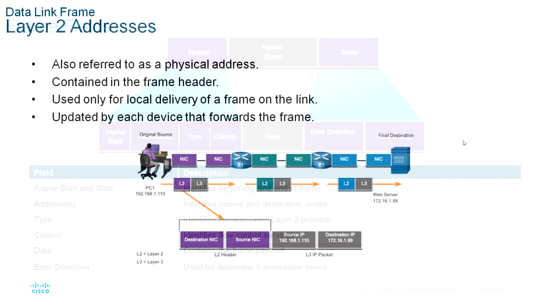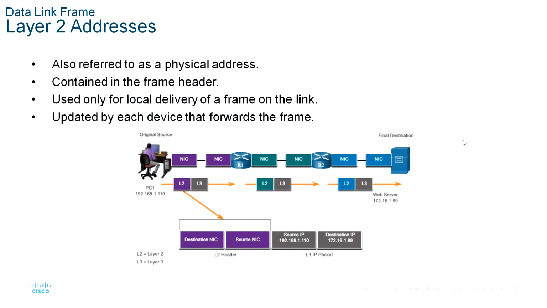Layer 2 addresses. The data link layer provides addressing for transporting frames across a shared local media. Device addresses at this layer are referred to as physical addresses. Data link layer addressing is contained within the frame header and specifies the frame destination node on the local area network.